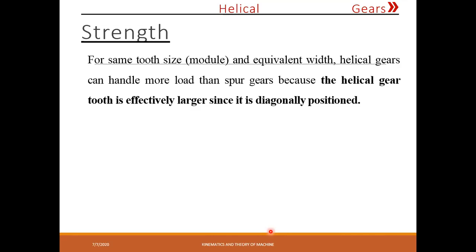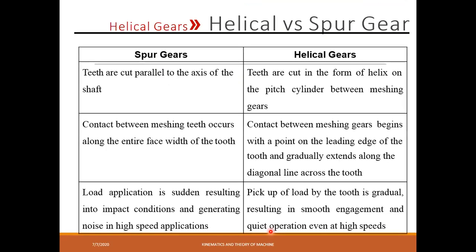So due to the sliding contact, more area is available for the load transfer, right? So the load is going to be distributed over a larger area. So for the same module and equivalent width, the helical gears can handle more load, or you can say the helical gear tooth is effectively larger since it is diagonally positioned. So the helical gears can handle more load than the spur gears, right?